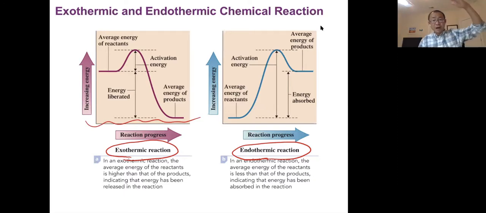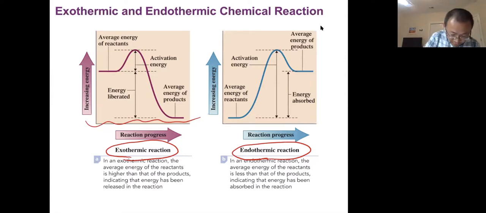You are changing from a higher reactants to a lower product. So energy what? Drops. When energy drops, it doesn't go anywhere. It goes releasing. Again, the reason some reactions are exothermic is because the energy of the product is lower.